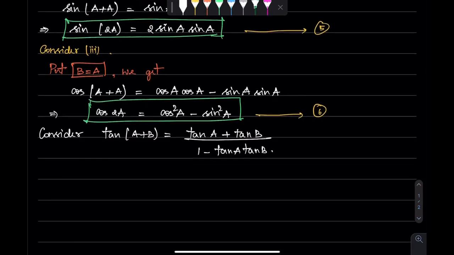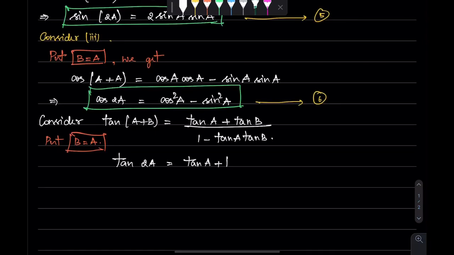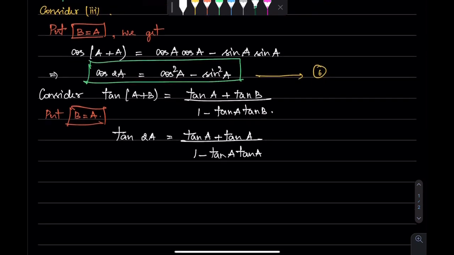If I put b equal to a here, I get tan 2a as (tan a + tan a) divided by (1 − tan a tan a). So we get tan 2a as 2 tan a divided by 1 − tan² a, children.